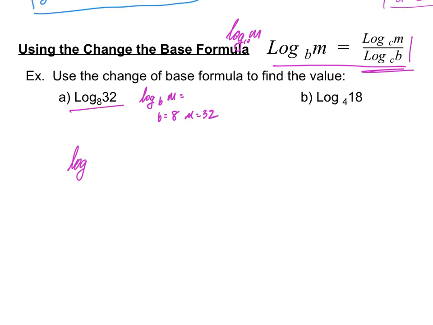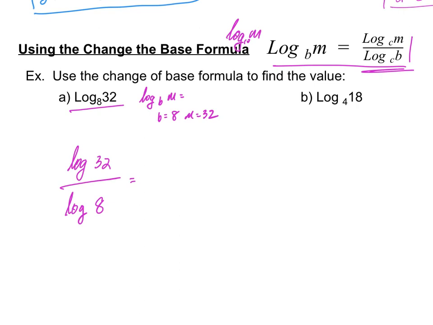So I'm just going to use the log base 10. And remember, it's base 10 even if you don't see it. It's the understood. So the log base 10 of my m value, which is 32, over the log of 8. And there we go. We are simplified here using our change of base formula, and you're done for simplification here.